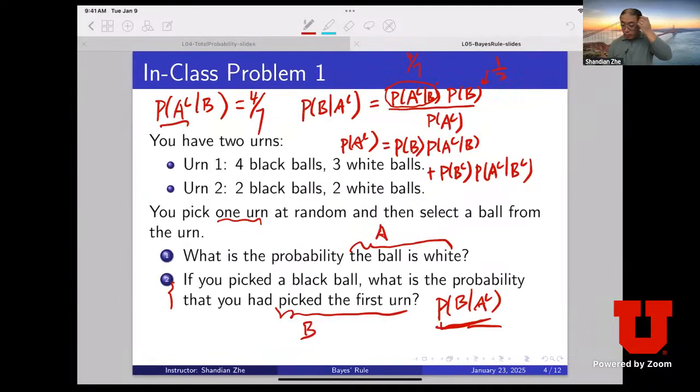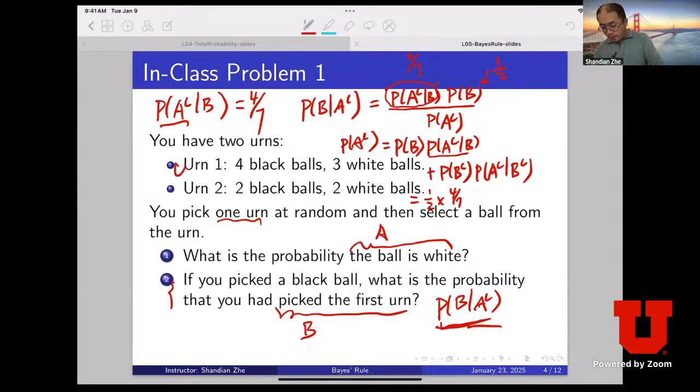Okay, so let us calculate. First, P of B, as we mentioned, is 1/2. And what is the conditional probability of A complement given B? 4/7, just read through the statement.